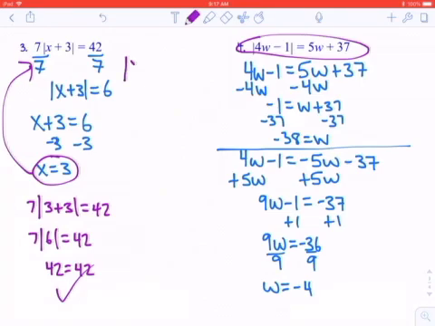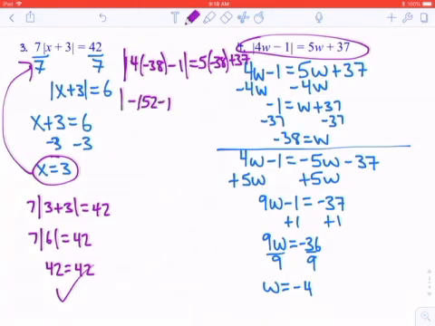So I have the absolute value of 4 times negative 38 minus 1 equals 5 times negative 38 plus 37. So 4 times negative 38 is negative 152 minus 1 equals, and then 5 times negative 38 is negative 190 on the other side, plus 37.